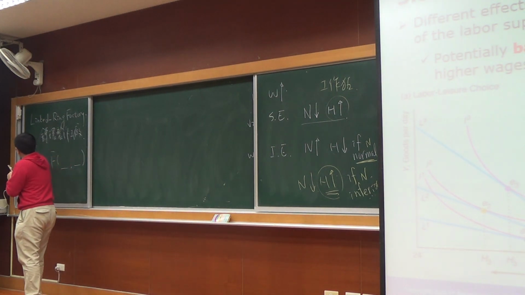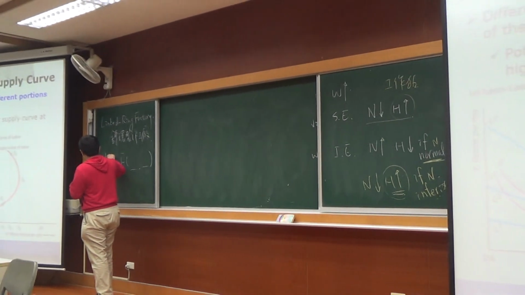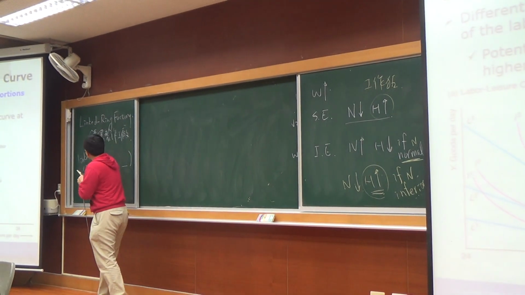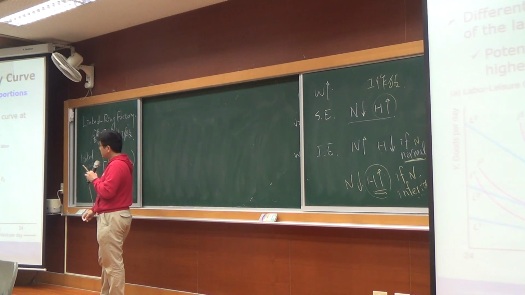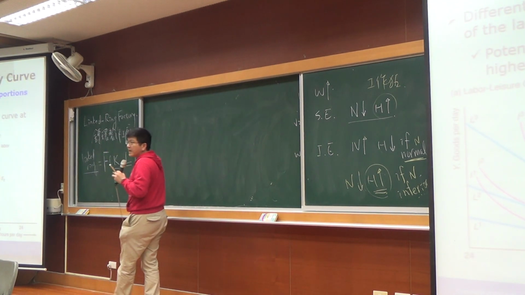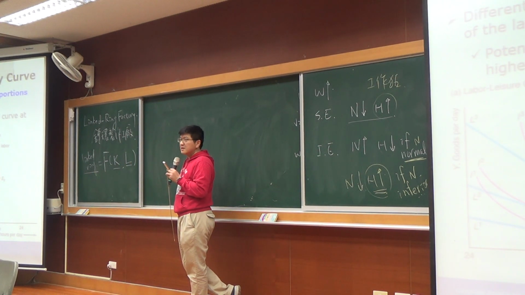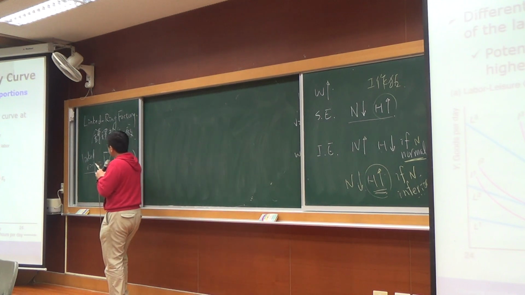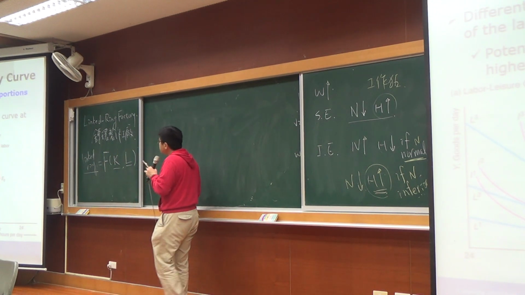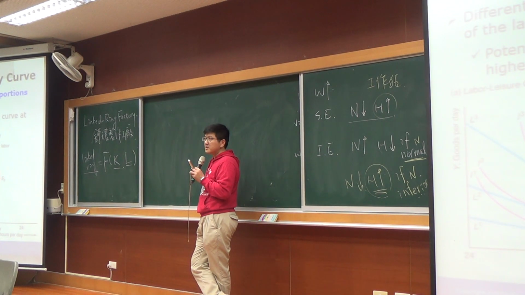So the link ring is produced using capital and labor as the input. So this is a production function, and we adopt capital and labor as our inputs to make link rings.